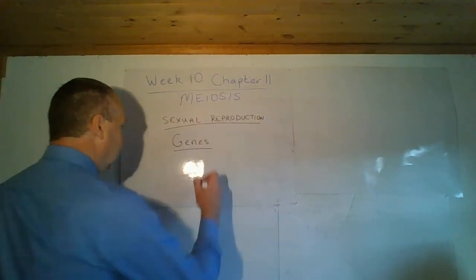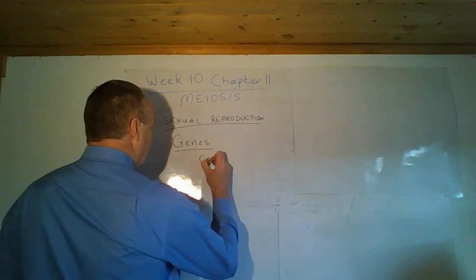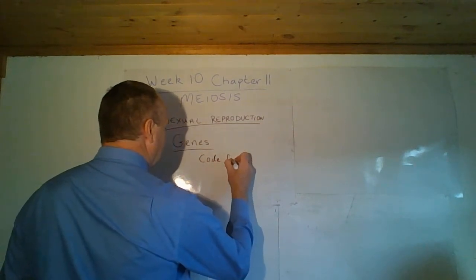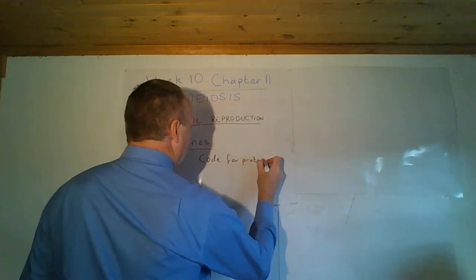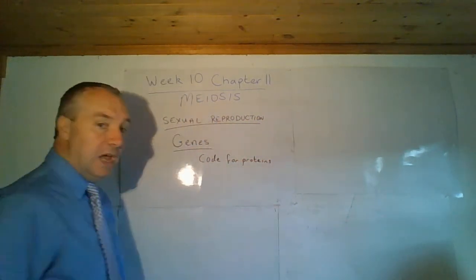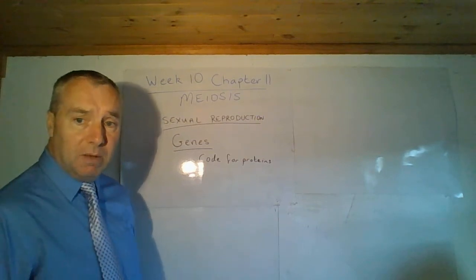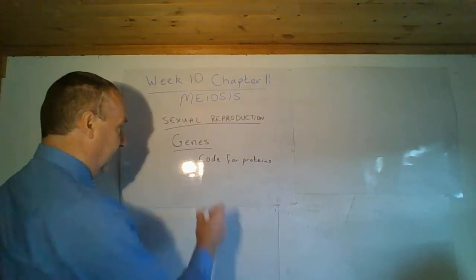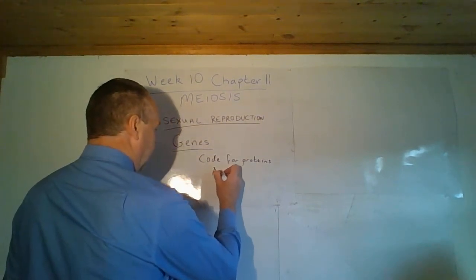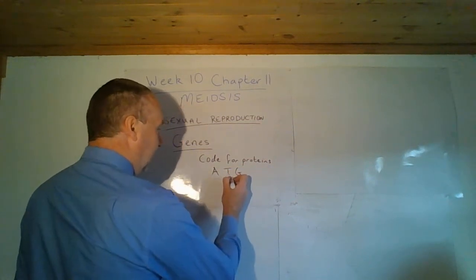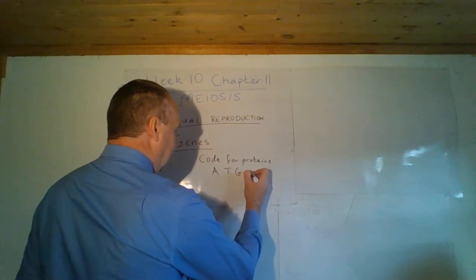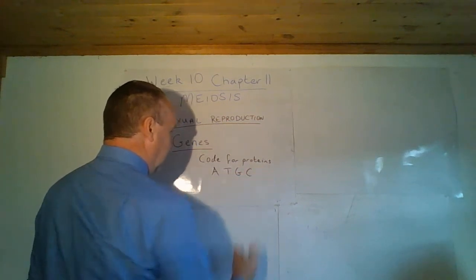So we say genes code for proteins, and what we're going to have is different combinations of the following letters, which are the names of the bases, and that's adenine, thymine, guanine, and cytosine.